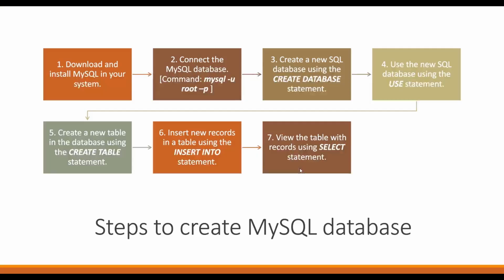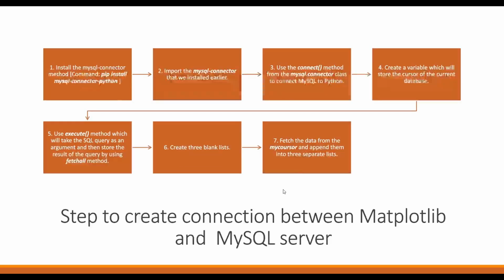So after creating the database in MySQL successfully, we will move to learn how to create a connection between Matplotlib and the MySQL server. Firstly, you have to install the MySQL connector module of Python. Firstly I will tell you what is MySQL.